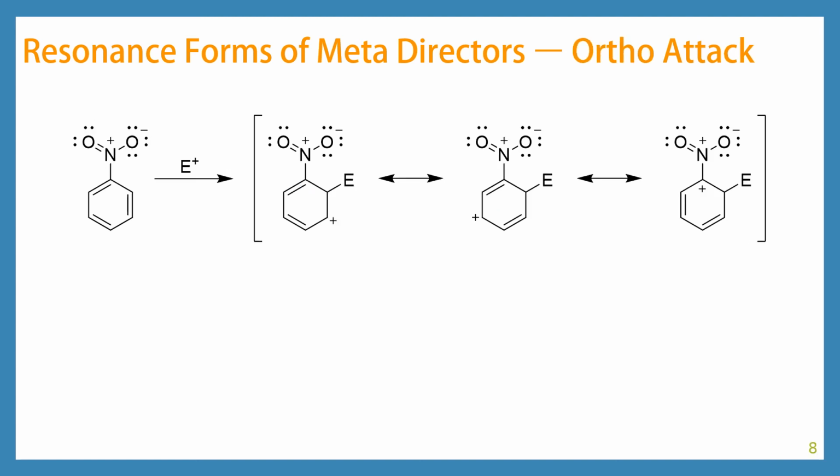So when you do an ortho attack with a meta director, you end up with a problem. We have our initial attack, we put the electrophile in the ortho position, the carbocation goes into the meta position, we can bounce it around the ring, the same way that we did with everything else, and then we end up with this disaster right here.